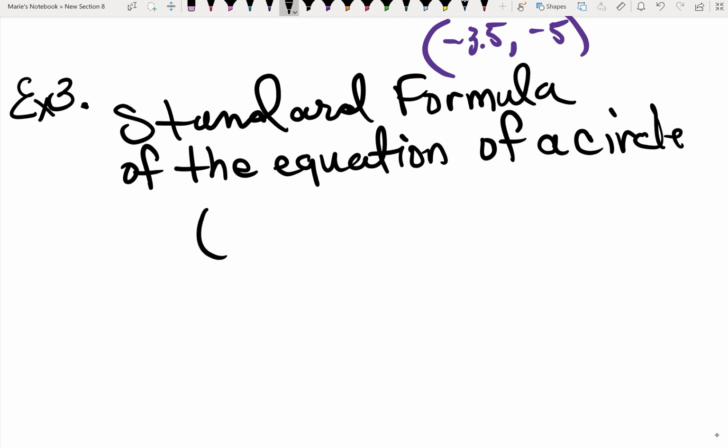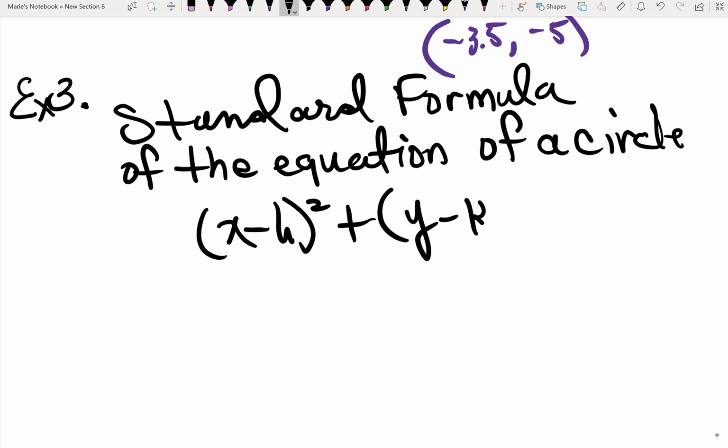And very simple, it's x minus h squared plus y minus k squared, and this is equal to r squared.